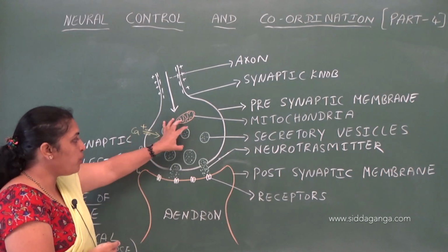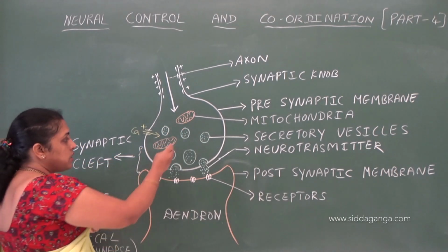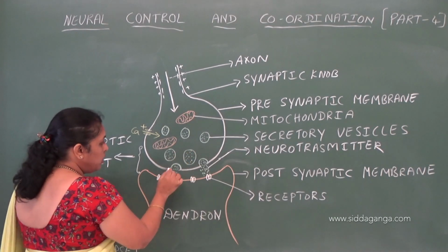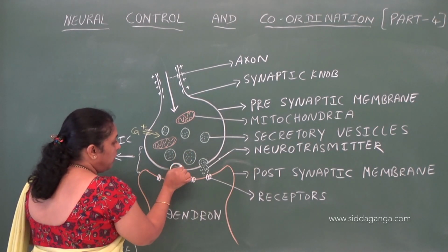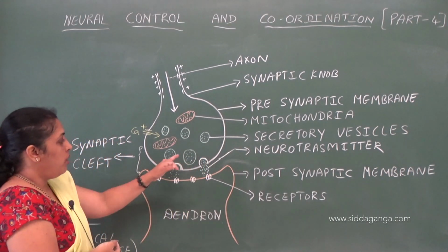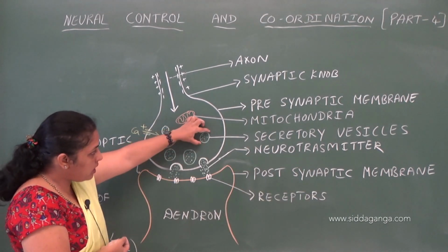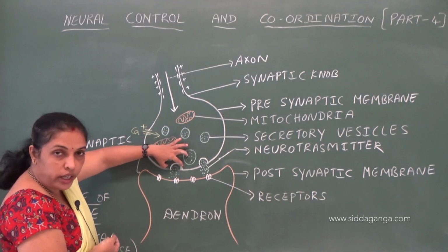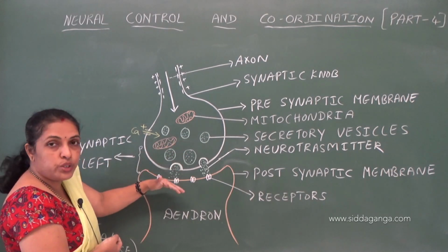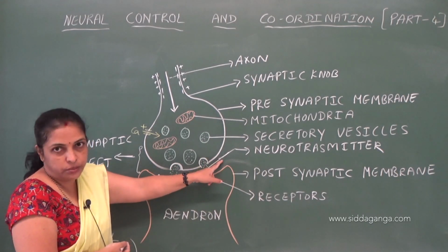As this calcium moves into the synaptic knobs, the secretory vesicles will move towards the membrane and adhere to the axolemma, and by exocytosis they release neurotransmitters to the synaptic cleft.